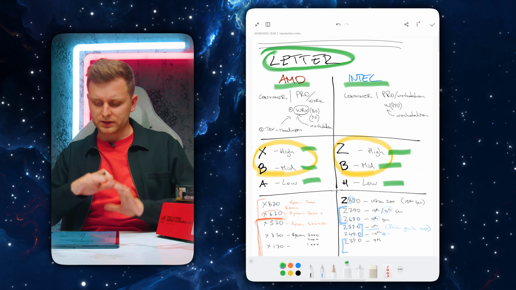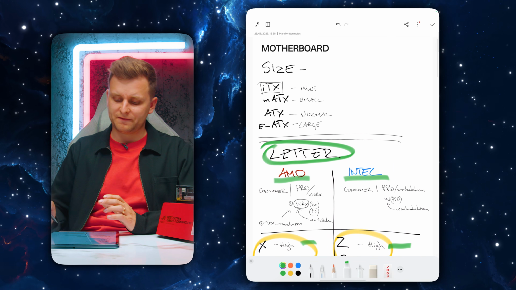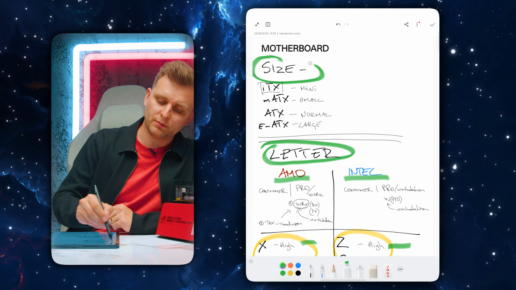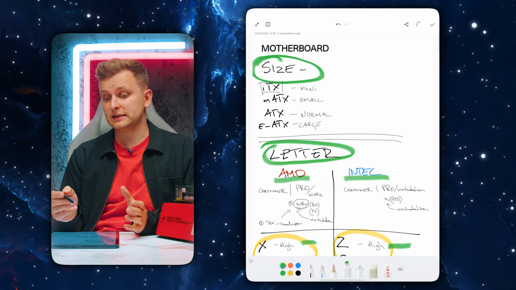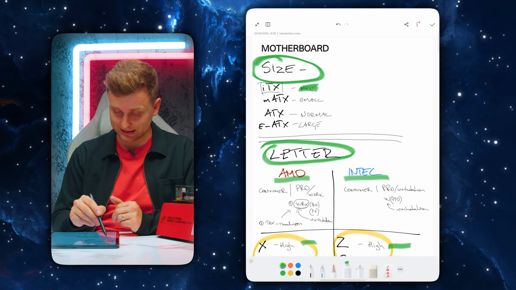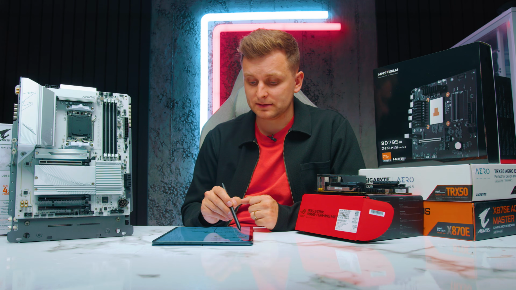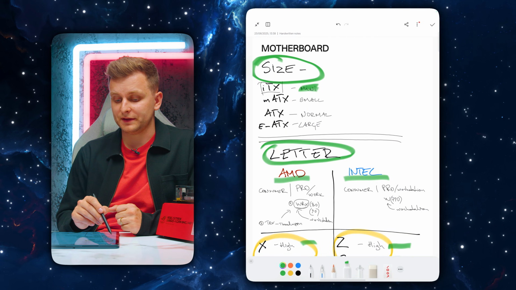Then it gets a bit confusing. I'm not going to go there at the minute. And then you want to go back up there and figure out what size of the motherboard you want. If you've got a case that you like, it might only support mini ITX or ITX motherboards, or maybe an MATX case, because the case naming is often the same as well.